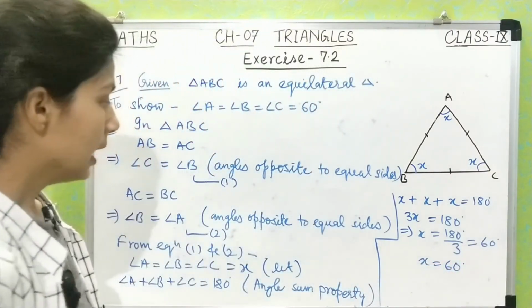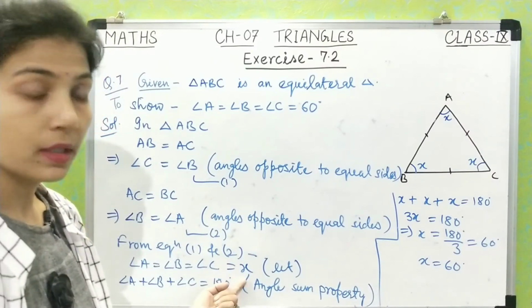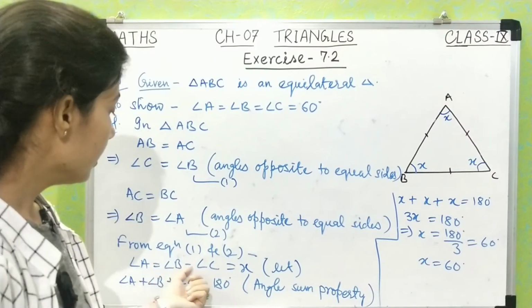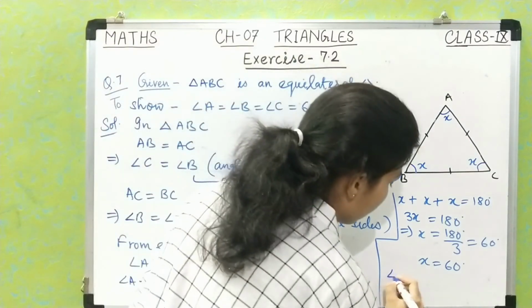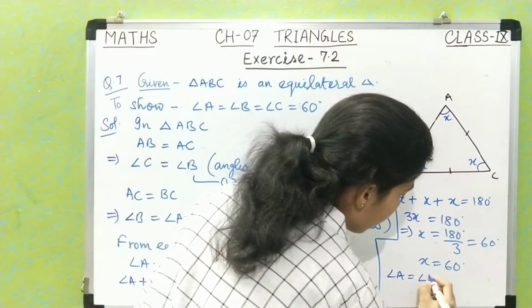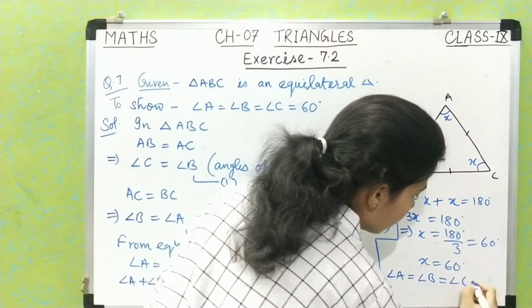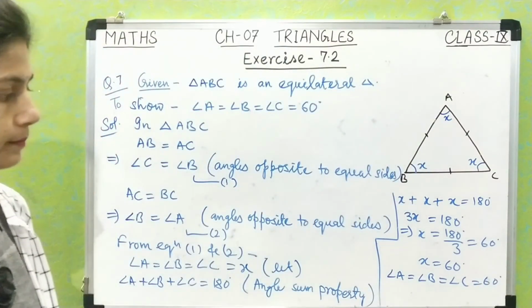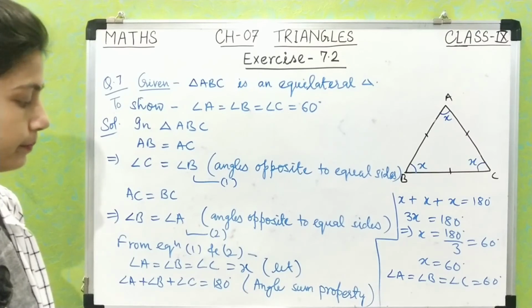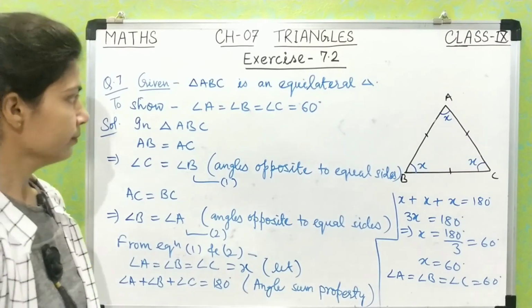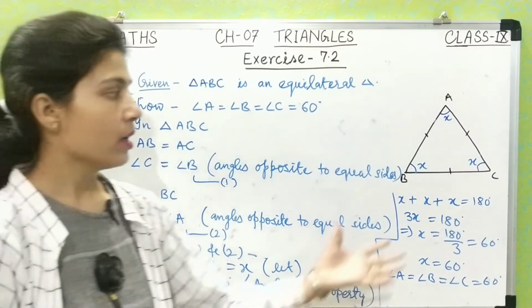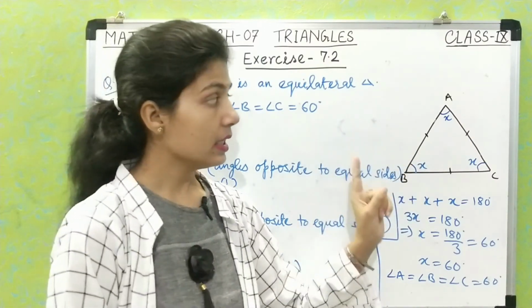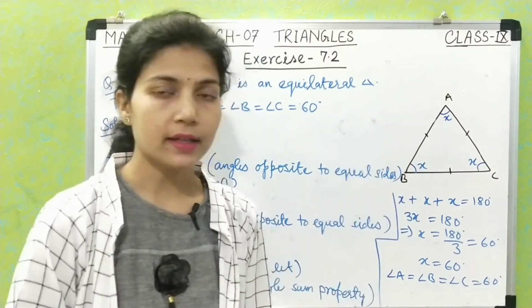It means angle A equals angle B equals angle C equals 60 degrees. ओके, क्या किया इस क्वेश्चन में, हमें इतना पता है कि ABC इक्विलेटरल ट्राइंगल है.